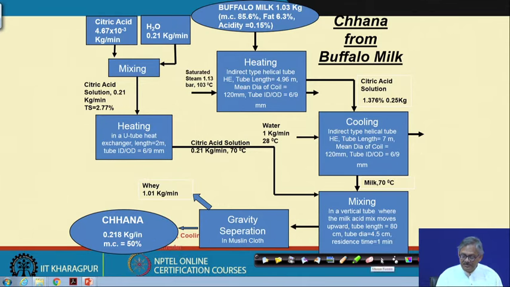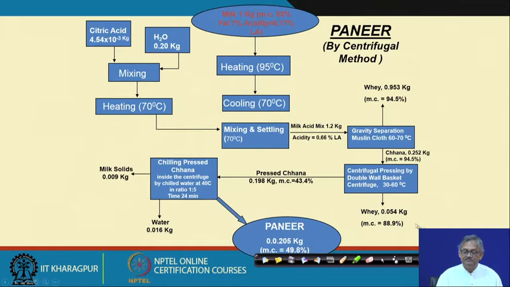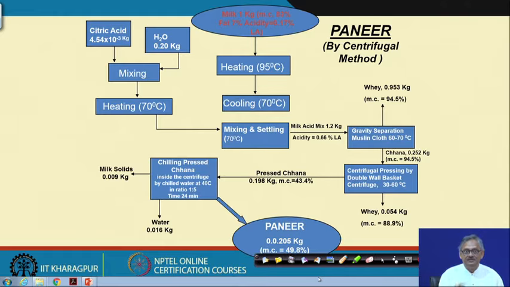So now let us look into another product, that is paneer. Paneer is made from again chana or milk. So here we are taking milk 1 kg with a moisture content of 83%, fat content of 7%, acidity 0.17% lactic acid, right.